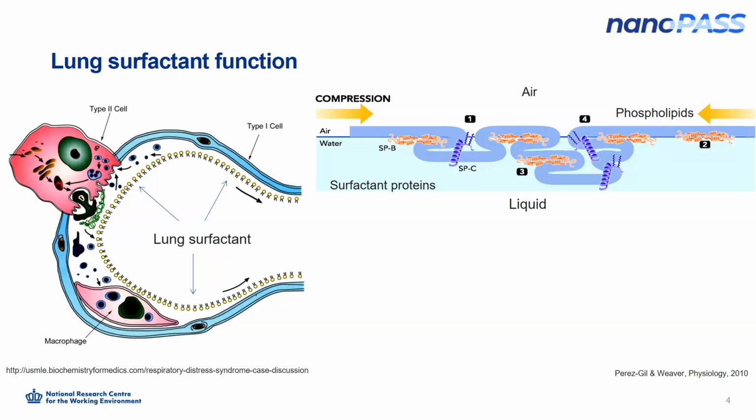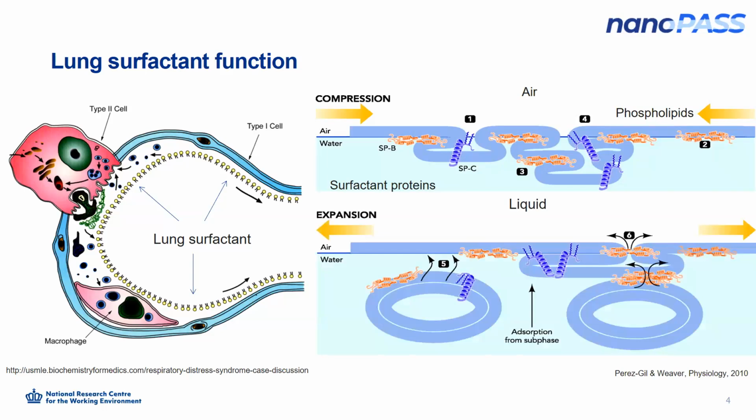We have 2 essential surfactant proteins, the SPB and the SPC protein, that function by keeping the phospholipids close to the air-liquid interface. And they do this because once you are breathing in again, the surface area of the lungs becomes larger, and it's important that the phospholipids cover the air-liquid interface quickly.